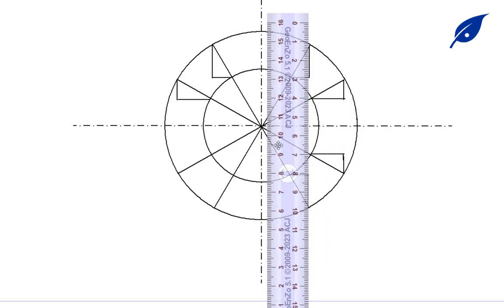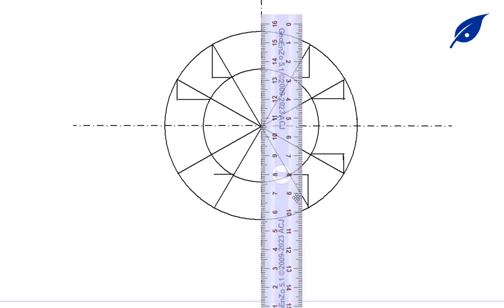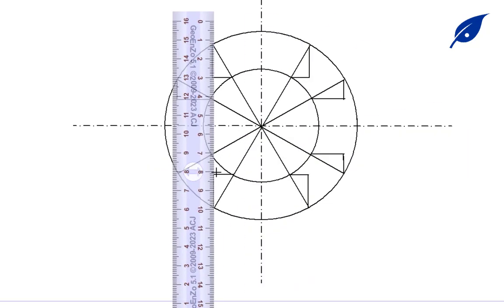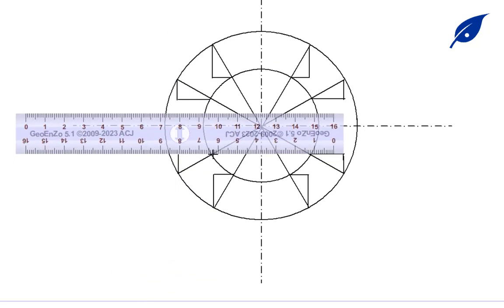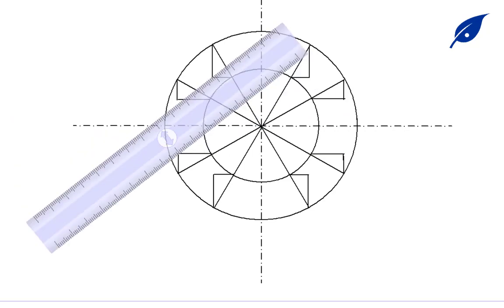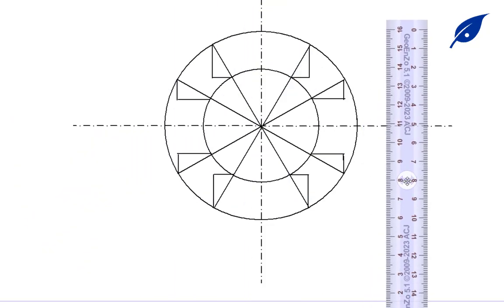So at this point we draw the horizontal and vertical lines. So we're done having our perpendicular points.